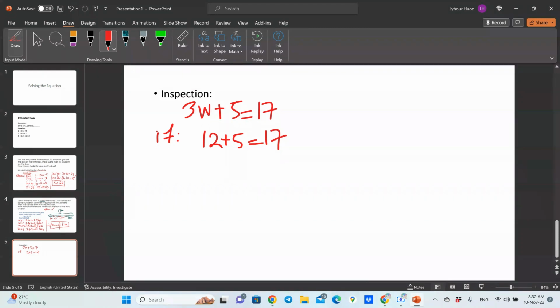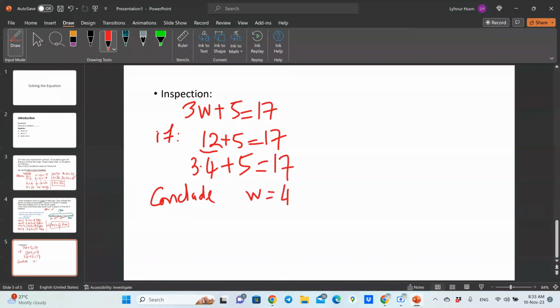This is very logical and easy to understand. We can break the 12 into 3 times 4, plus 5 equal to 17. Then we can conclude that w equal to 4.